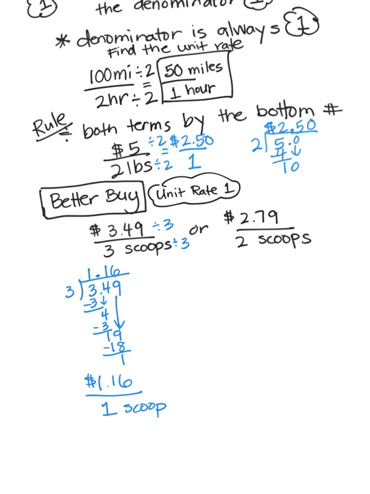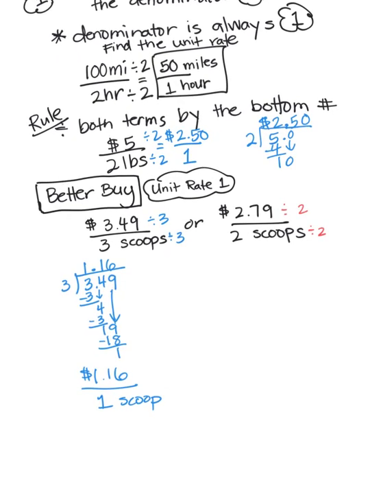Okay. So now I'm going to do the other one in red so you can see the difference. I'm going to find the unit rate for the second one, for the 2 scoops. Remember, I have to divide the top and the bottom by the bottom number, the denominator. I know the denominator is going to be 1 because 2 divided by 2 is 1, but I have to figure out the top one. So $2.79 divided by 2. I'm going to float my decimal to the top. 2 goes into 2 once. 1 times 2 is 2.